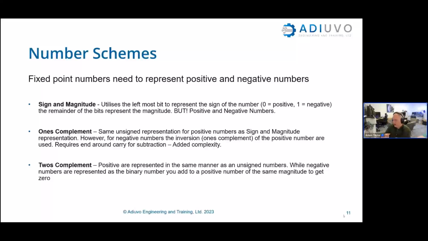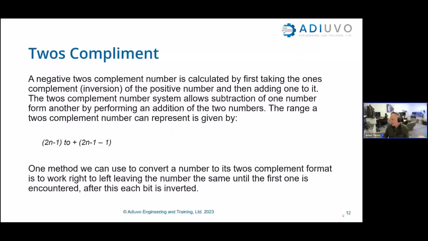When we work with signed numbers in logic, it's going to be using a 2's complement representation to allow us to do that. A 2's complement representation, if you're not familiar with how to do it, we can cheat. The simplest way to do it is to invert the number, and then working from least significant bit to the most significant bit, you get to the first one, and then just invert every other bit after that.